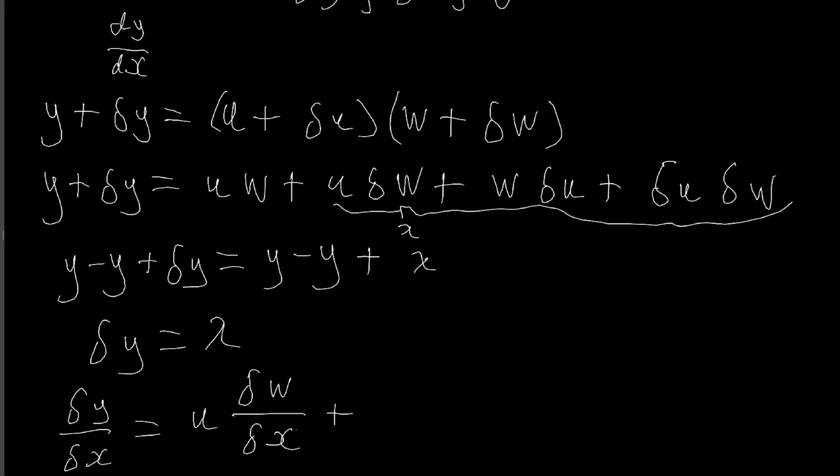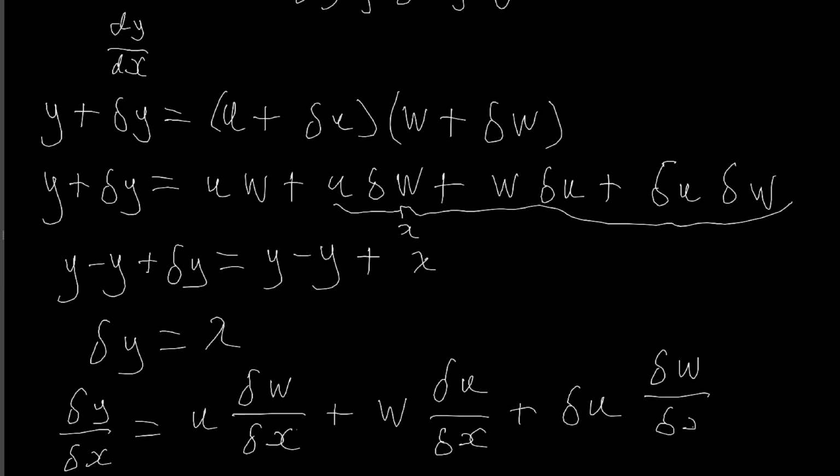We're going to have something very similar to the product rule, just with an extra term added. We're going to see what happens to that extra term. Plus w times delta u over delta x plus, and now we're going to have delta u times delta w over delta x.